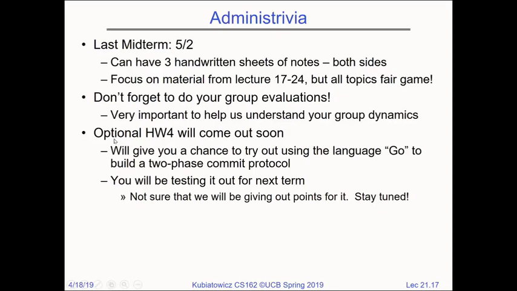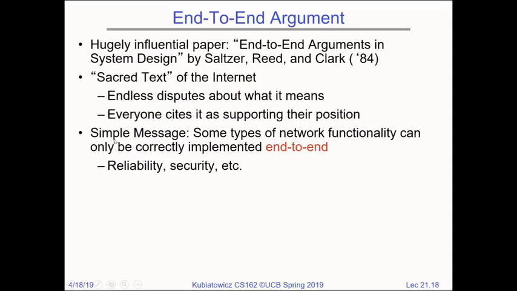Okay. So what I wanted to do today as the next topic is talk about the end-to-end arguments and systems design paper. This is sort of the sacred text of the Internet. Anybody who talks about the Internet or who has a specialty in the Internet always likes to throw around end-to-end arguments. How many people have heard about end-to-end arguments? Okay, several of you.